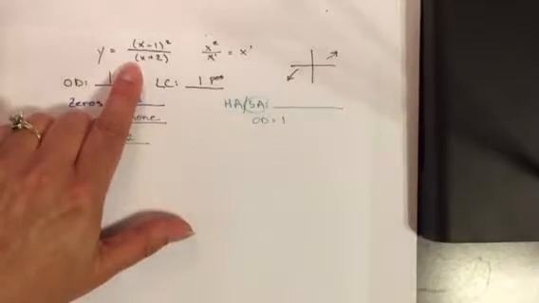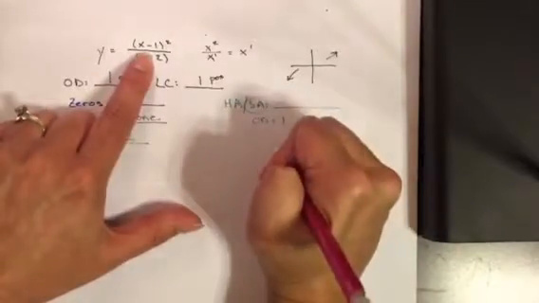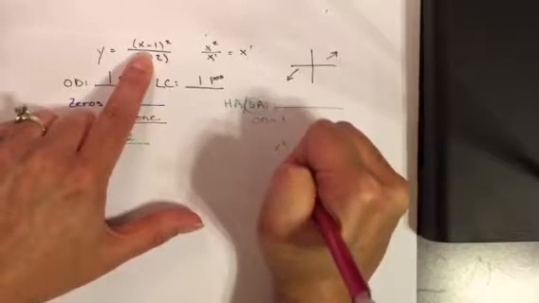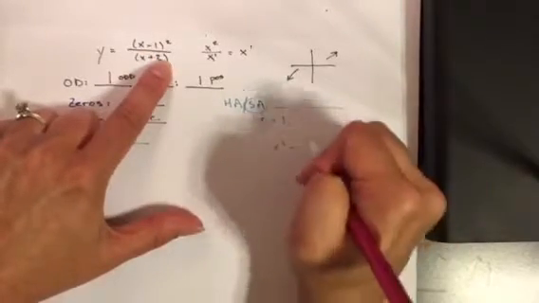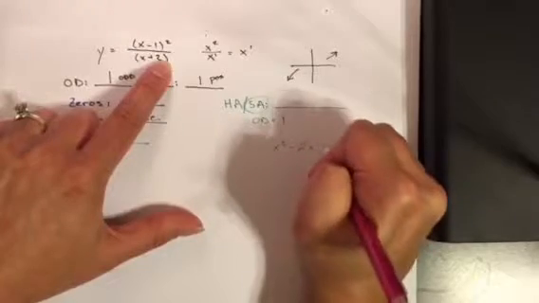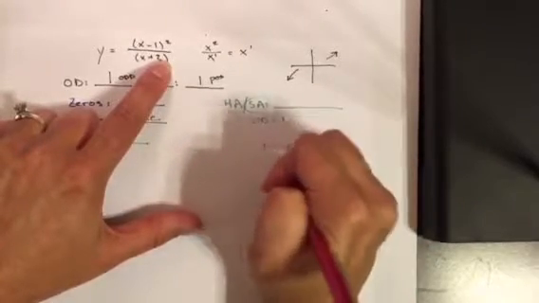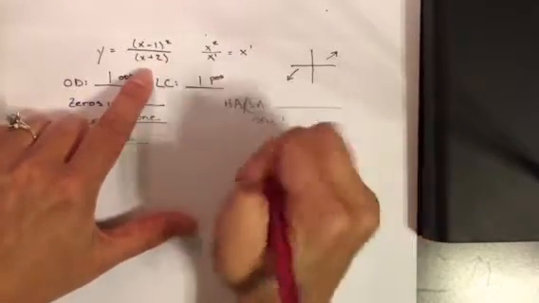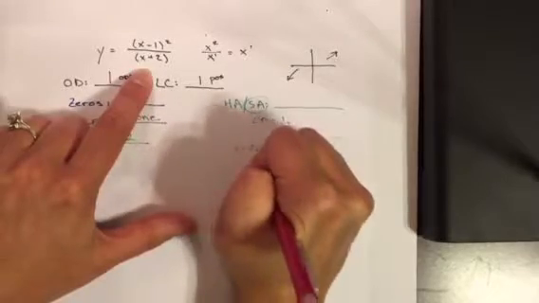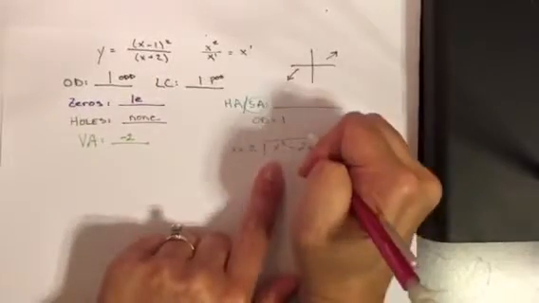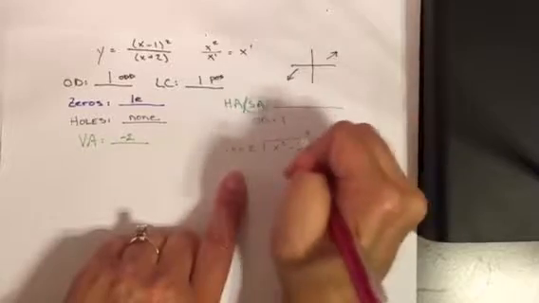So the first thing I'm going to do is multiply out the numerator. So that gives me x squared minus 2x plus 1. And then I'm going to divide by my denominator. So to get x squared, I have to multiply by x.